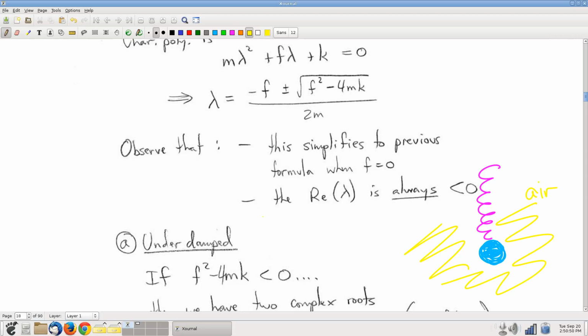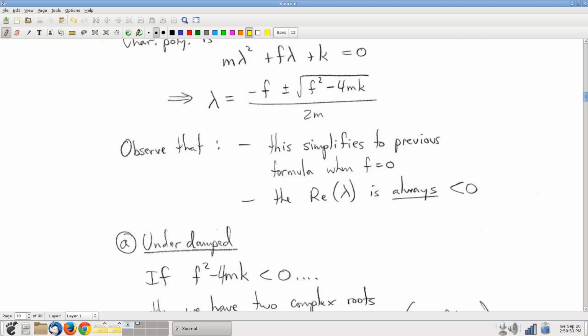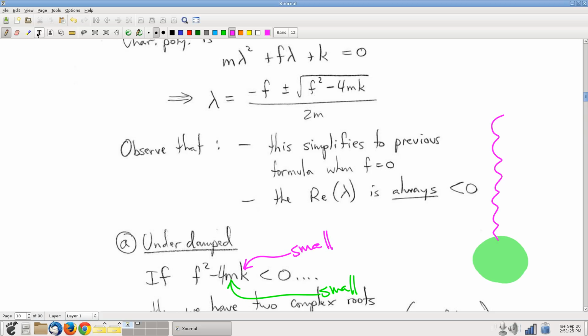Again, it does not have to be a cannonball moving through the air. It might be instead a Nerf ball, a ping pong ball, something like that, in which case this m is small. And then this spring might be a very thin, weak spring, thus making this small. And instead of moving through the air, it might be moving through pancake syrup.